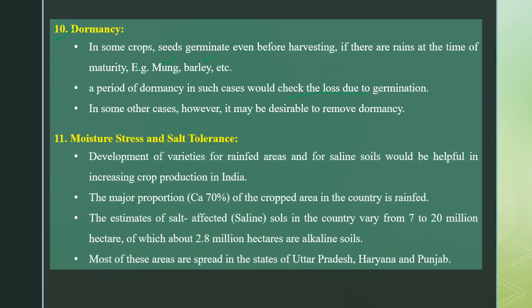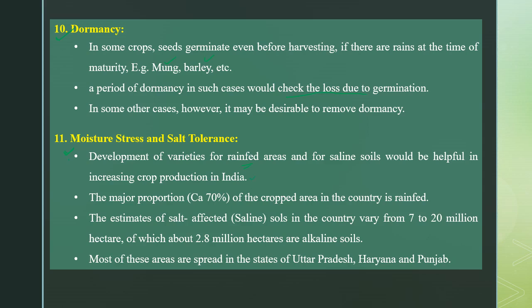After that, moisture stress and salt tolerance: development of varieties for rain-fed areas and for saline soils would be helpful for increasing crop production in India.